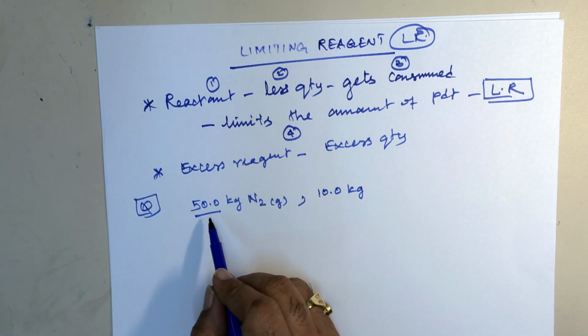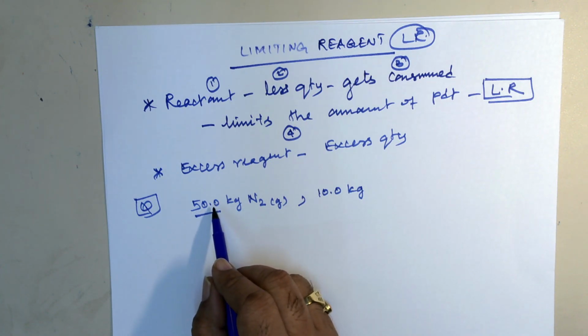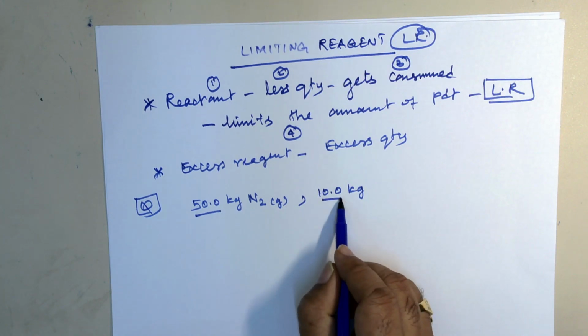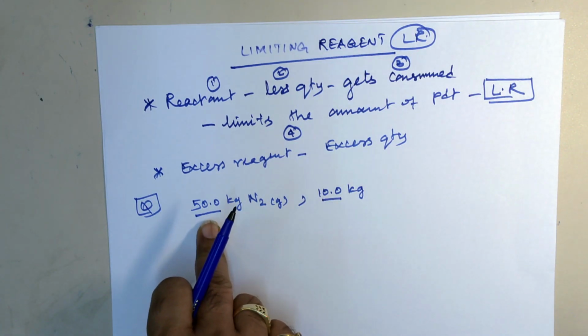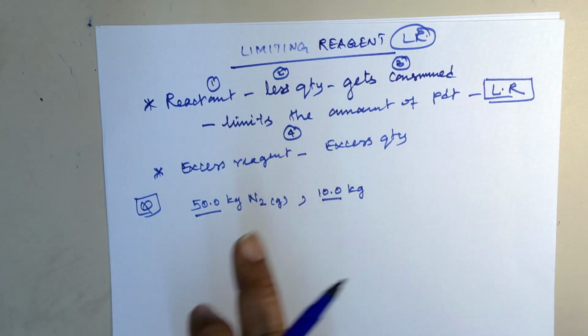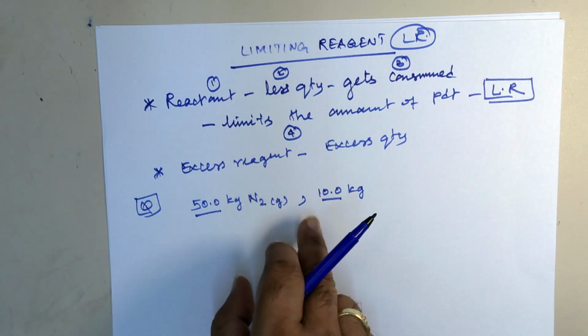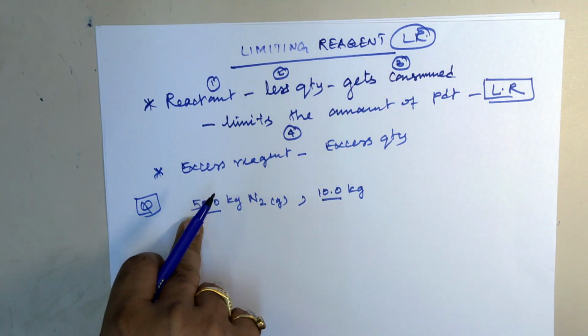This is called significant figures. How many significant figures are there? Three significant figures, right? Similarly, this one. When the question is given in terms of significant figures, you are also expected to give the answer in terms of that significant figure.